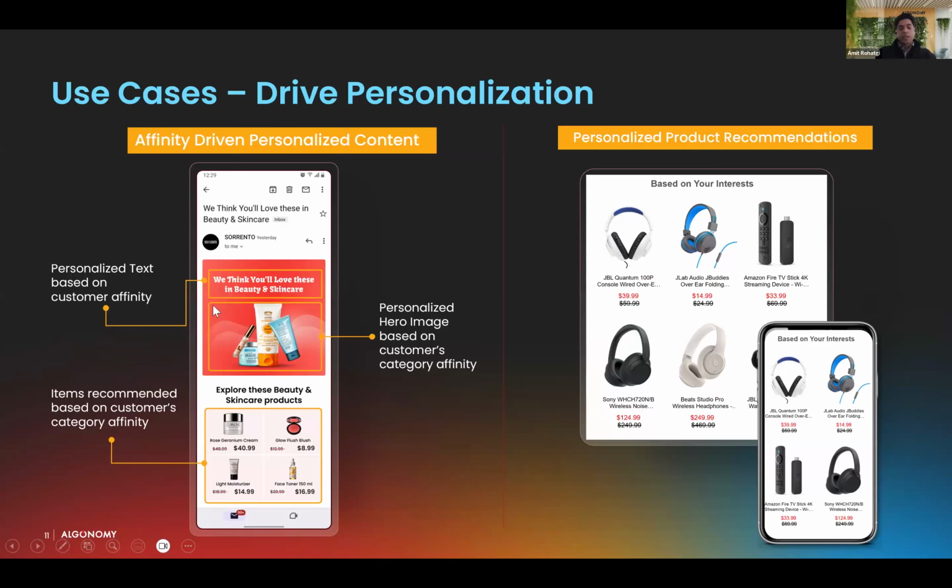All of this can be built in active content and then delivered into the email at open time. So when a customer opens this up, based on who the customer is and their affinity, the content would dynamically change and present content which is absolutely personalized for that customer.